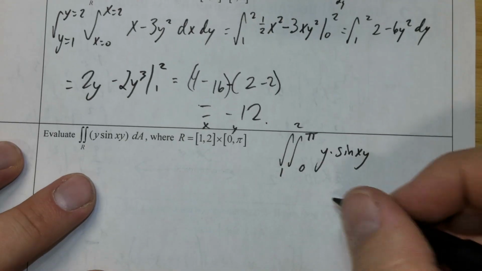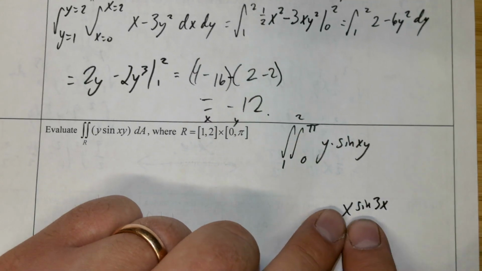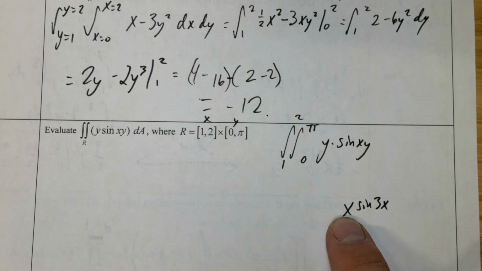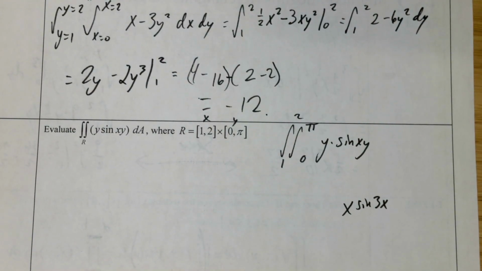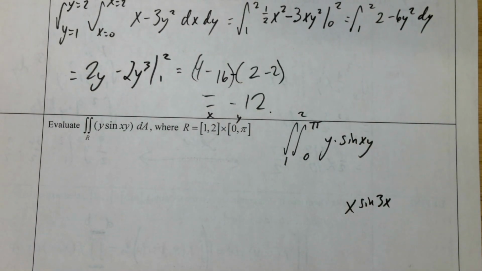This is no different than integrating x sine 3x. As much as I'd like to u-sub or something, there's just nothing to do. The du is not going to cancel out this. I have to go by parts, probably, to get this thing to turn out.